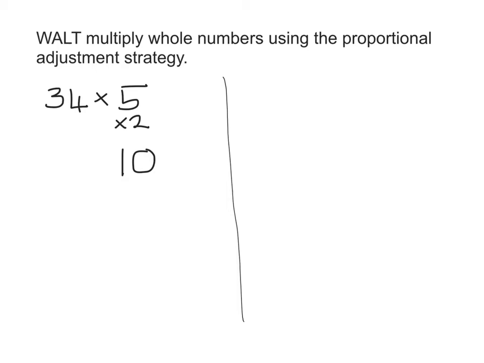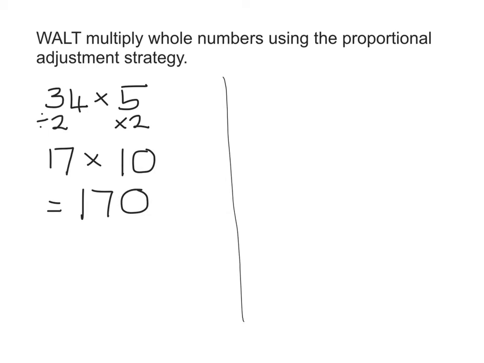And so because I have doubled 5, I'm going to halve, or divide by 2, my 34, so that my new calculation becomes 17 times 10, which we can very quickly solve as 170.